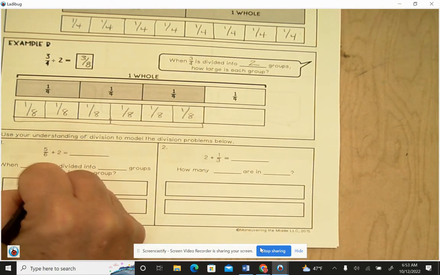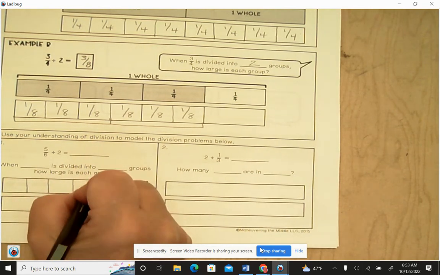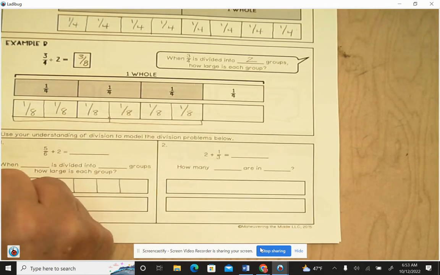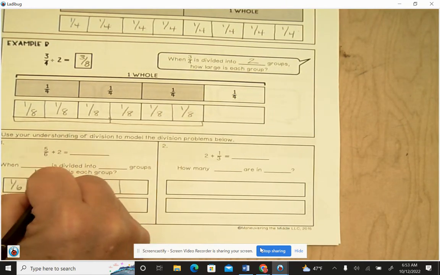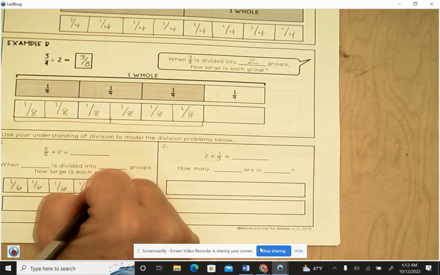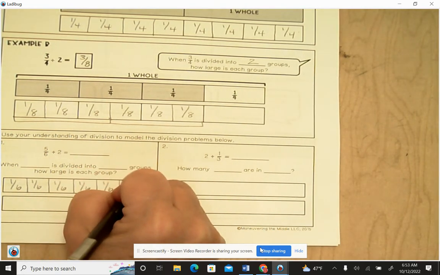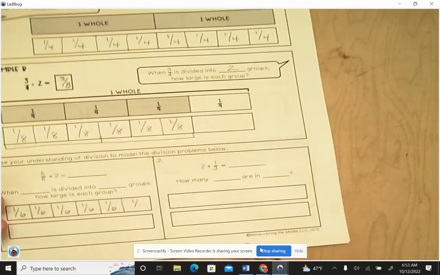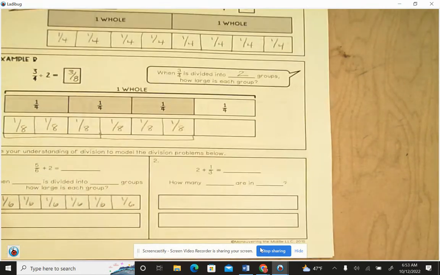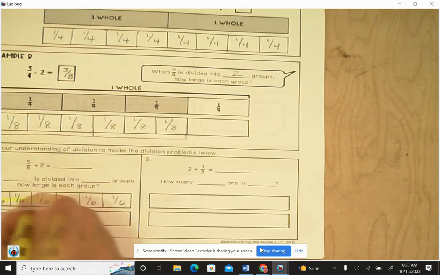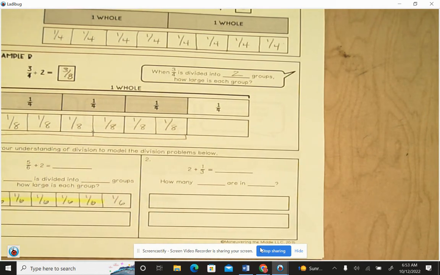That's 1, 2, 3, 4, 5, 6. That's a 6, guys. Fix that. All right. And we have 5/6 of it. So we stop there. That's 5/6.